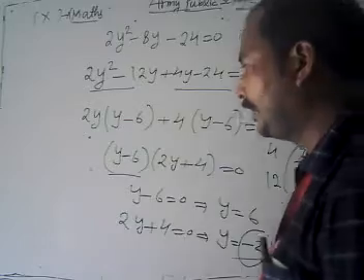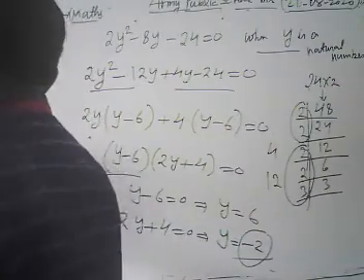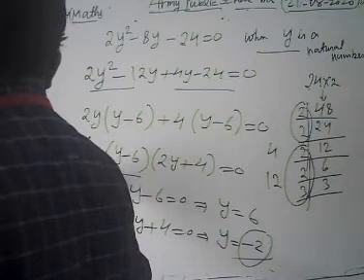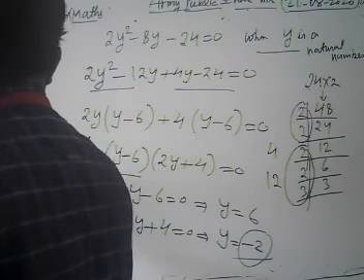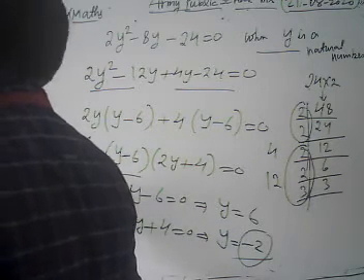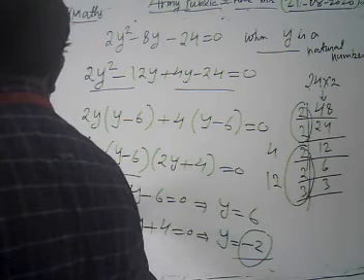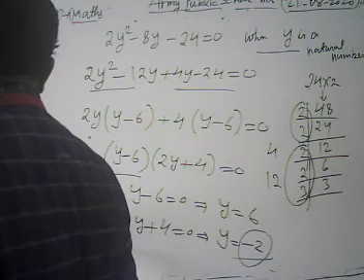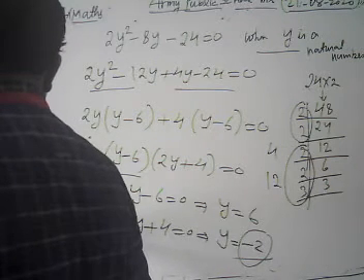Minus 2 is not a natural number, therefore y equal to 6 is the solution of 2y square minus 8y minus 24 equal to 0, since y is a natural number.